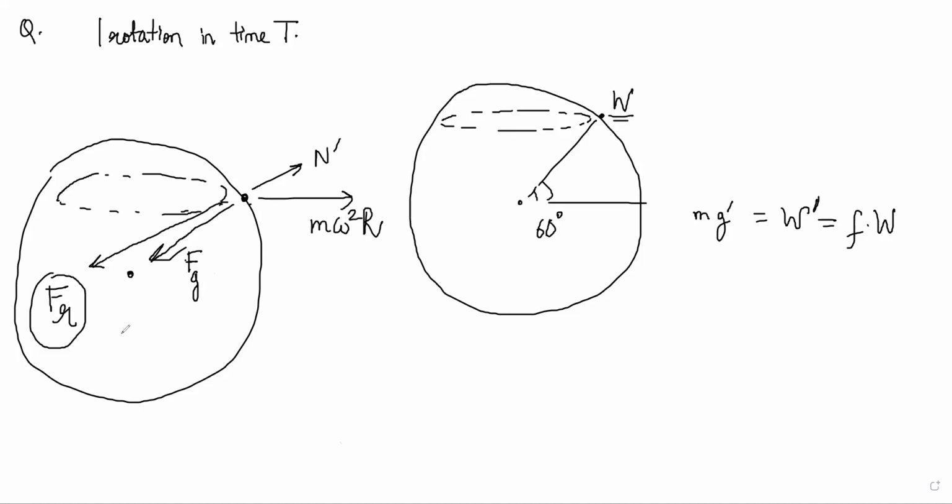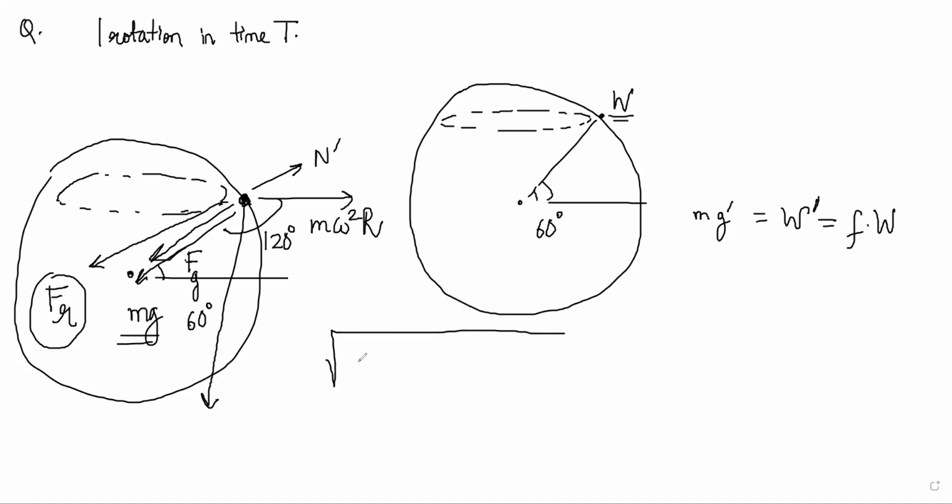Now, this force, let's say, is mg, because it is on the surface of the earth, so mg will be the gravity attraction, right? And this angle is 60 degrees, right? So we have a 120-degree angle here, right? So what is the resultant of these two forces? That is your effective gravity. So the resultant would be root over mg square plus m omega square r.